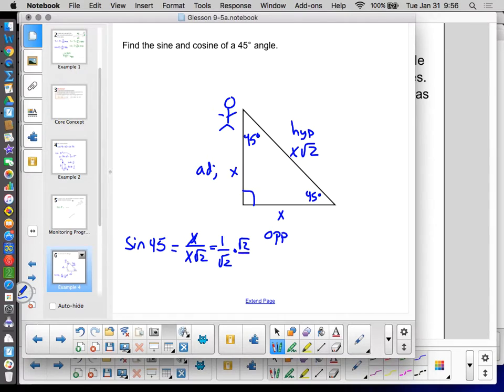I rationalize by multiplying by 1 in the form of whatever the square root is over itself, because root 2 over root 2 equals 1. 1 times root 2 is root 2. Root 2 times root 2 is 2. My exact value is the square root of 2 over 2. That's the sine of 45. If you don't remember this special triangle, put it in your notes, make a flashcard of it, memorize it. You need to know it.